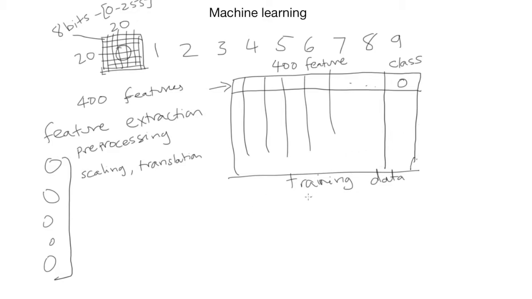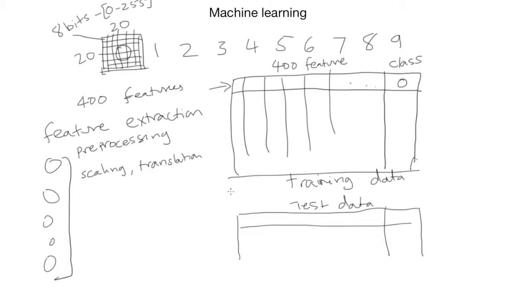So after it has been trained, we test how good our machine is by subjecting it to a test data set, which would have been obtained in the same way the training data set was obtained, using the same feature extraction techniques.